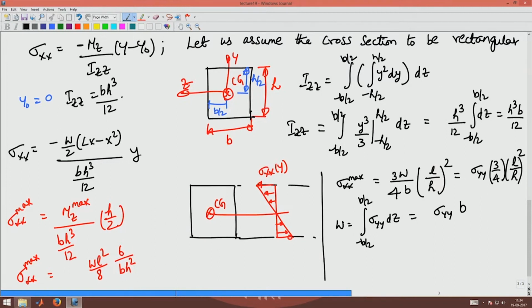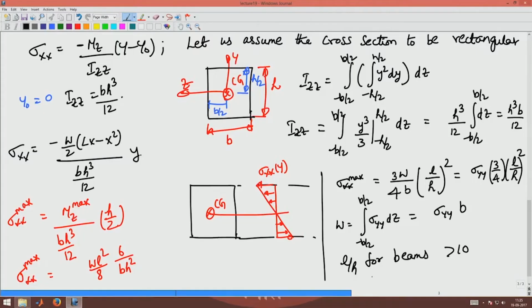Typically for a beam, L by h would be greater than 10. For those beams only, whatever we are doing is valid. If the beam is too short or too deep, whatever we are doing is not valid. Then you find that sigma xx max is roughly 100 times sigma yy.